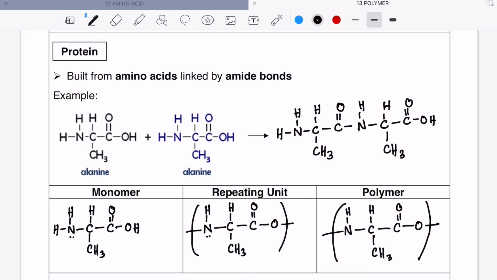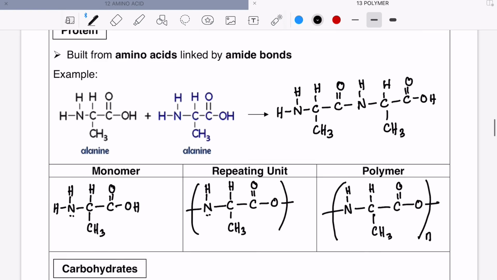Don't forget to add n, because polymer means it has lots of repeating units. Numerous, but for the repeating unit, you just show one repeating unit. So this is an example of protein as a natural polymer.